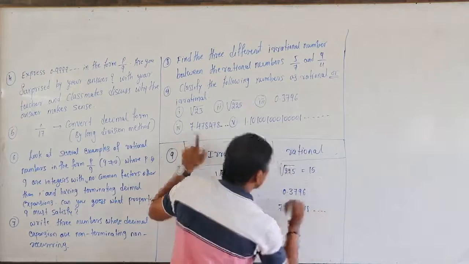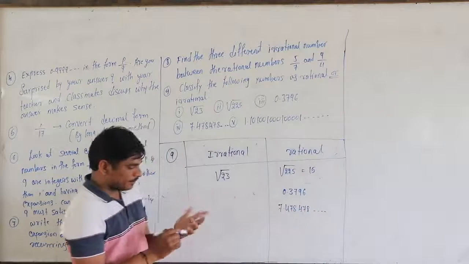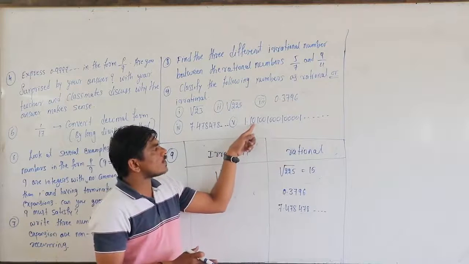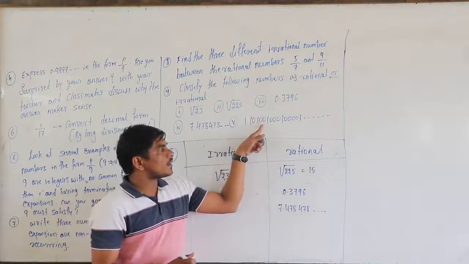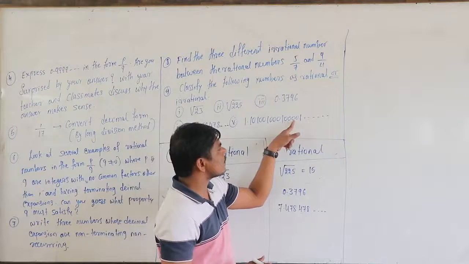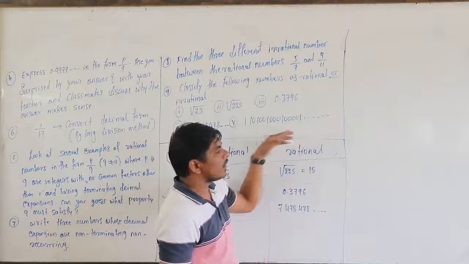7.478478 and so on. And the next one, the fifth number is 1.10, 100, 1000, 10001 and so on.